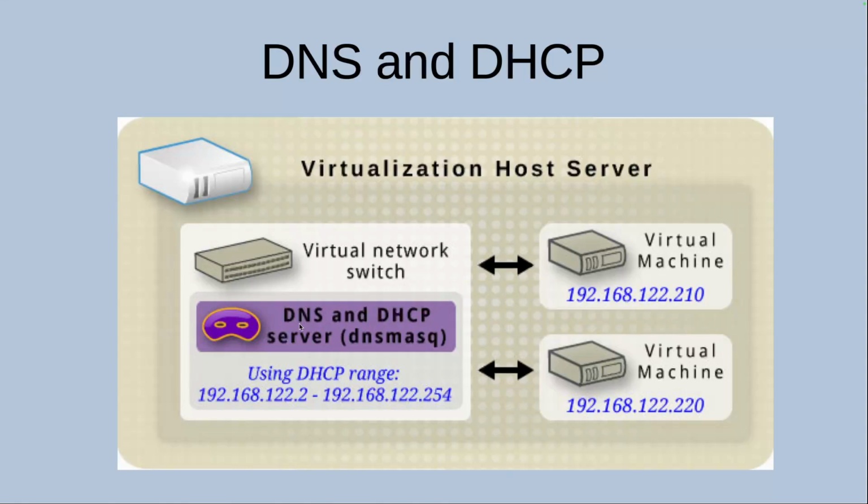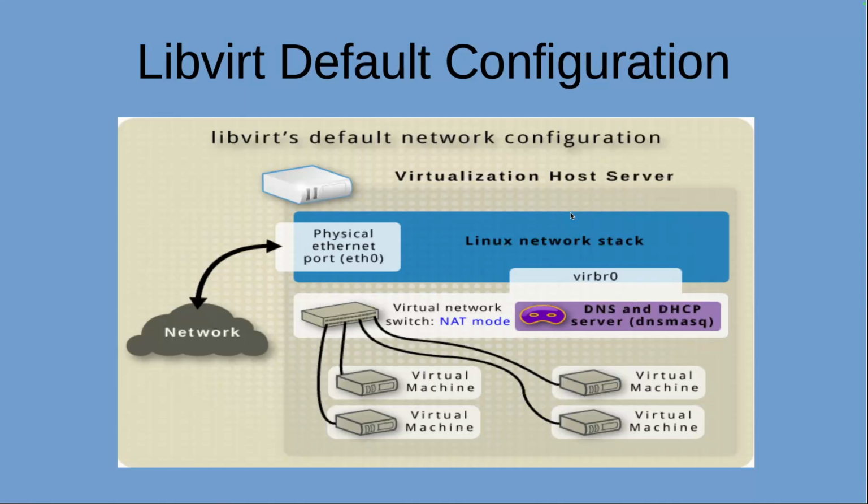And if you're not familiar with DNS, that's the domain name service, where host names and IP addresses are resolved, and DHCP is how hosts automatically get an IP address on a local network. So now let's just talk briefly about the libvirt default configuration.